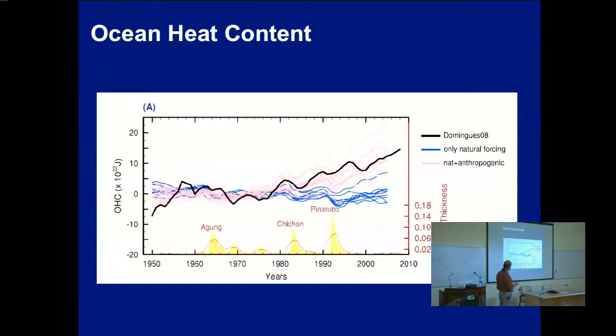So the observed is this black curve, and then you have the blue line, which is the natural forcing only, and the orange, pink lines, which is the natural anthropogenic. So again, a similar kind of a figure, but what we did, okay, you take these blue lines, which is just the natural forcing, right?